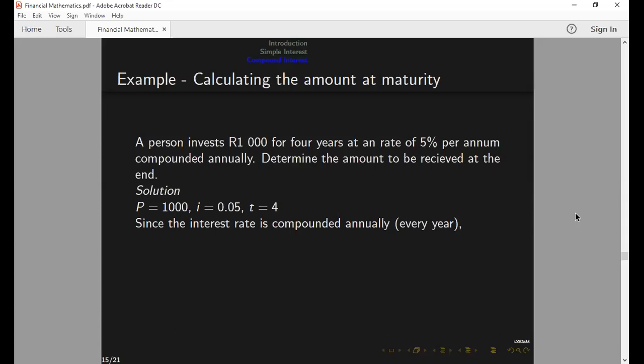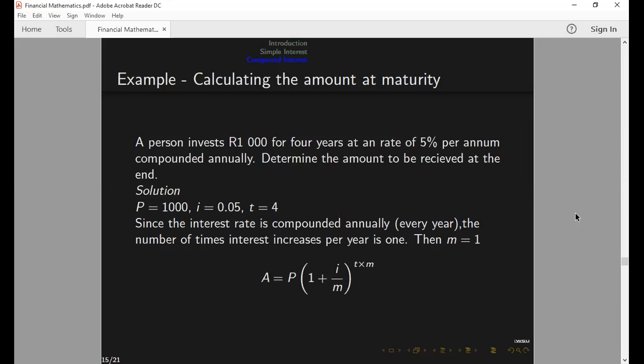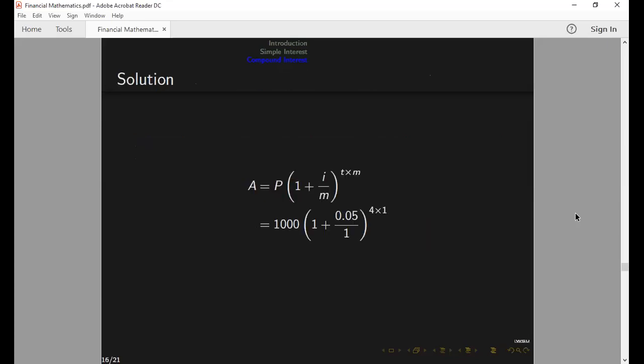And because it is compounded annually, and remember the term annual is synonymous with the term year, it means we will add interest once per year, or the interest will increase once a year, and therefore M becomes 1 in our formula above. And given the formula, we have this: P is 1,000, M is 1, I is 0.05, T is 4, and then this becomes our final amount.